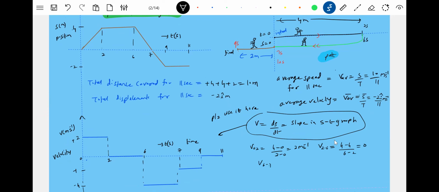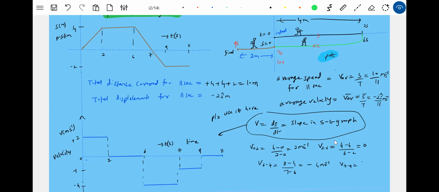Speed of the particle from 6 to 7. What is the slope? The slope will be the position 0 minus 4 by 7 minus 6, which will be minus 4. The slope for 7 to 9 we will calculate, looking at this curve.